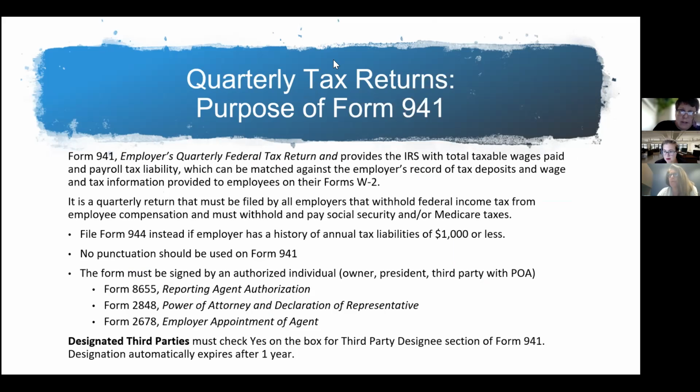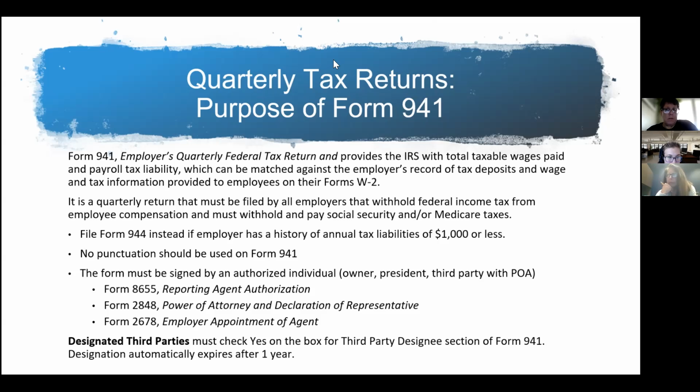So the purpose of the 941 is to provide the IRS with the total taxable wages paid and the total payroll tax liability. That can be matched to the employer's record of tax deposits and wage and tax information that is provided to the employees on their W-2 forms.